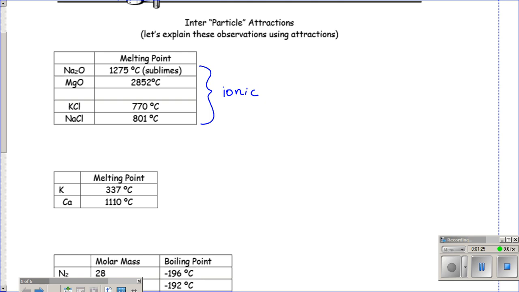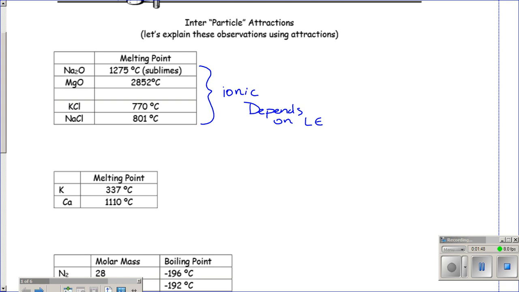So what we can see here is that we have ionic crystals. We know that the strength of an ionic compound, or the melting point of an ionic compound, depends on lattice energy. So we can look at this and say, okay, there's two things we want to explain.